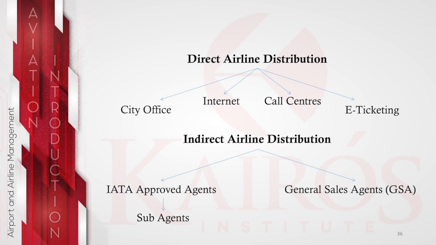Airline products are indirectly distributed through IATA approved agents and general sales agents. IATA approved agents sell the airline product through sub-agents who are small-time players in the industry.